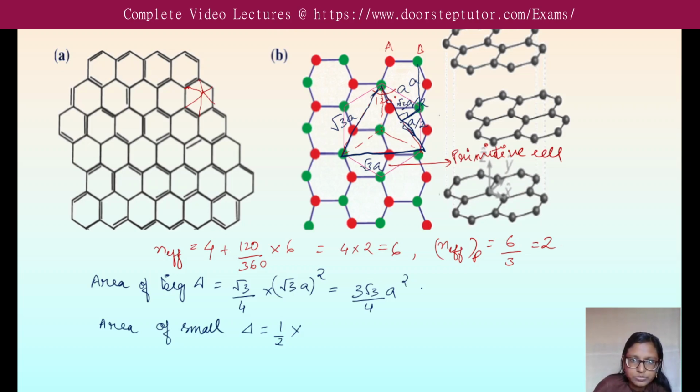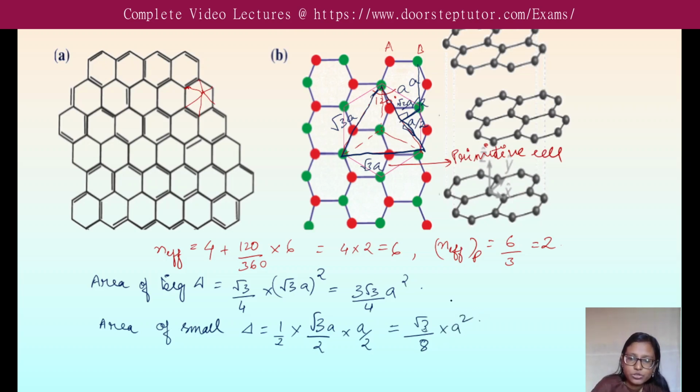Half into, this is the base, which is equal to root 3a upon 2, into height a by 2. So this will be equal to root 3 upon 8 into a square.